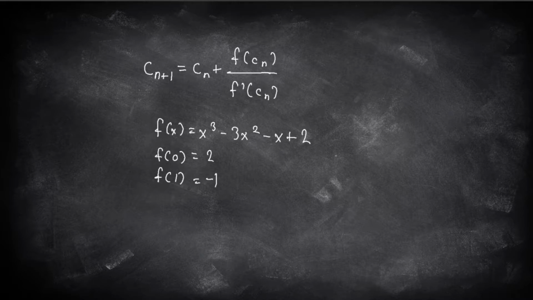When we plug in 1, that's 1 minus 3, which is negative 2, minus 1 is negative 3, plus 2 is negative 1. What we want is that when we choose two y values, in this case from 0 and 1, we get a positive value and a negative value. And that's all we need.